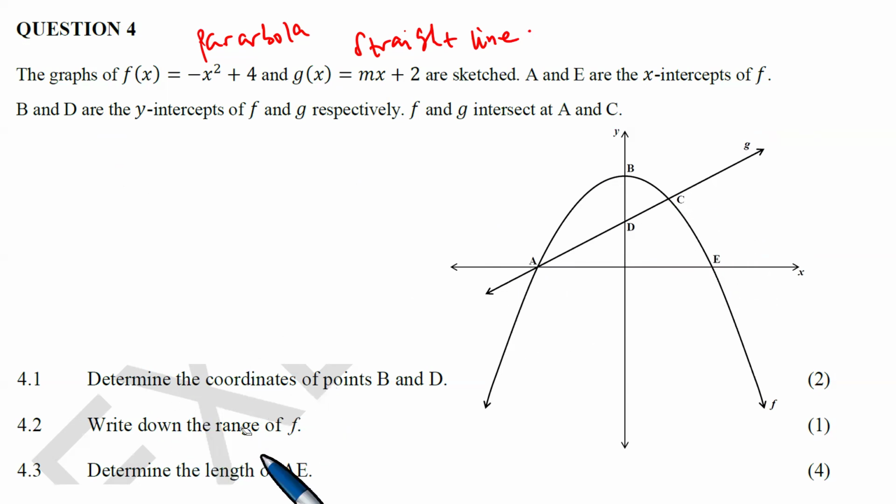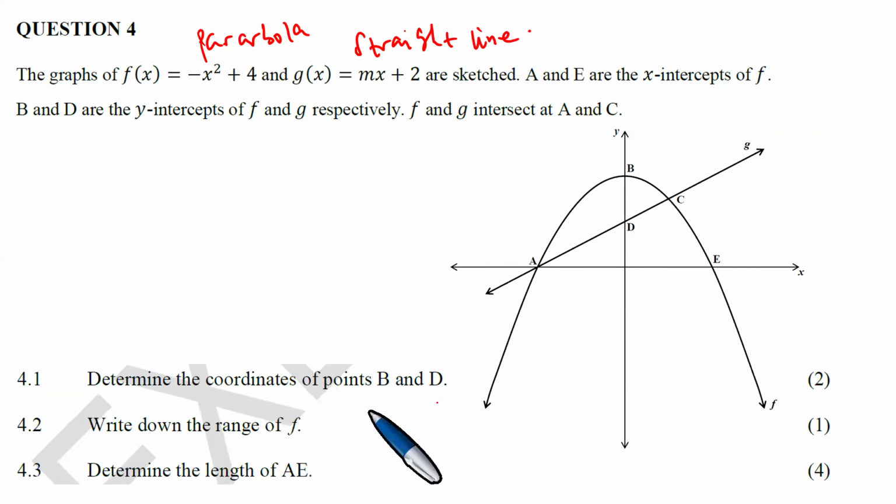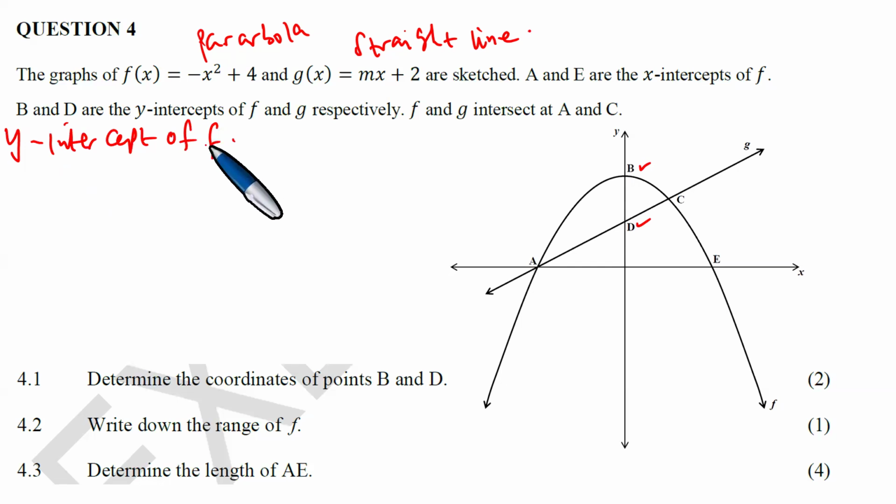Determine the coordinates of points B and D. So we need the coordinates of B and also the coordinates of D. B is called the y-intercept of the graph f. How do you get the y-intercept?